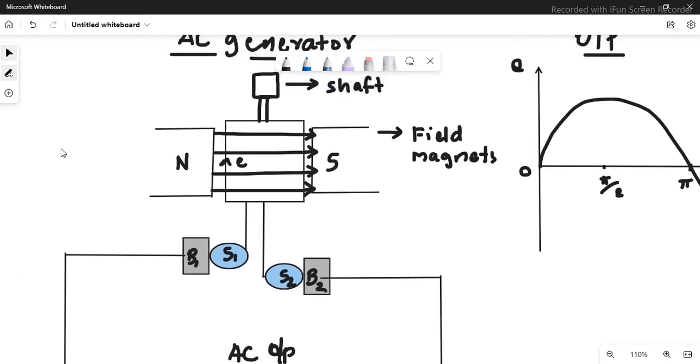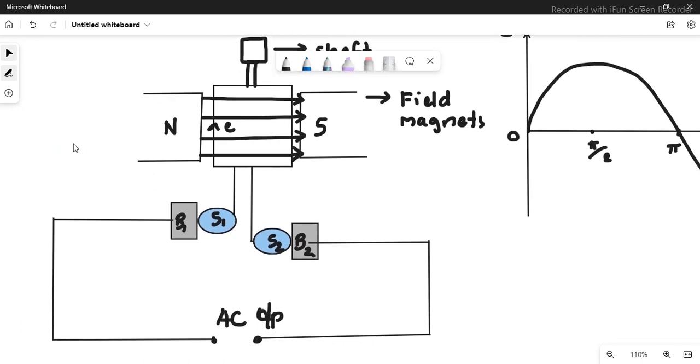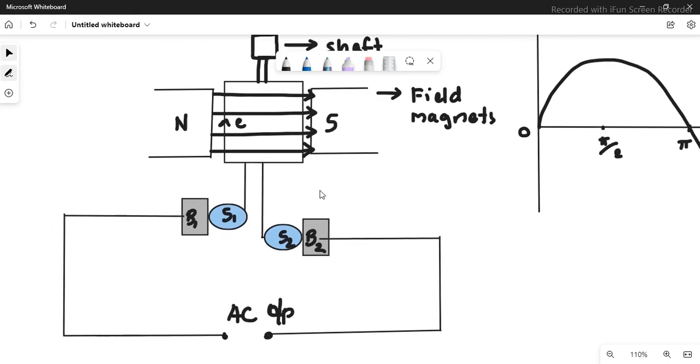One more thing I forgot to say, the field magnets are called stators because they are the stationary part inside an AC generator. And the armature coil, the shaft and the slip rings are known as rotors because they can rotate or move. These are the rotating parts inside an AC generator.